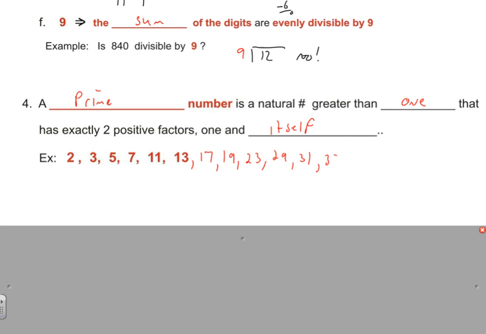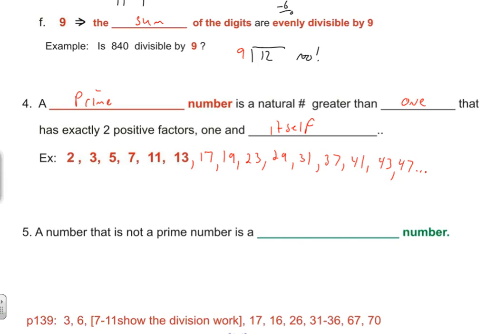And then next would be 37, 41, 43, 47, dot, dot, dot. They go on forever and ever. We'll talk more about that when we get to factoring and figuring out prime factors. So prime numbers, you should know what they are.